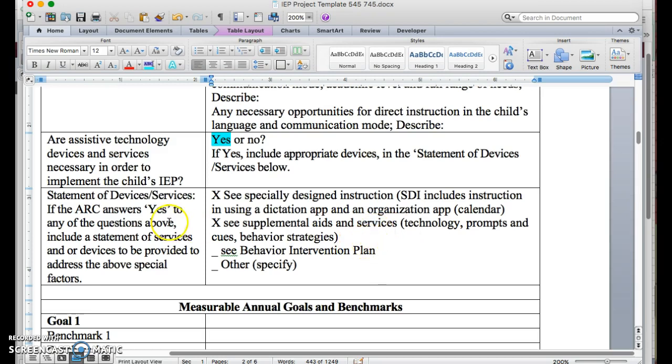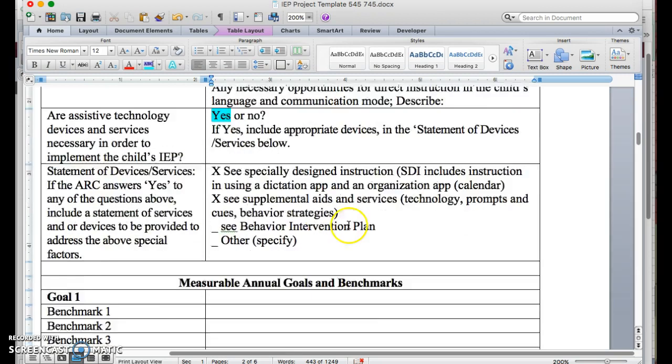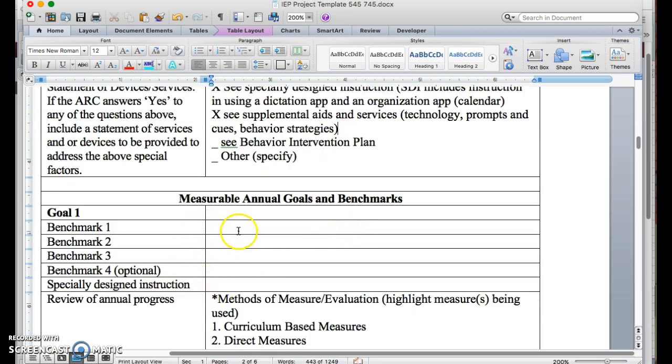All right, so I hope that helped clear up where this statement of services and devices comes from. Keep in mind that wherever you said you're covering those areas, you need to do that. For example, because we said that there's going to be some SDI and some SAS, then if this goal is my writing goal, I've gone ahead and wrapped up that SDI right here where I said technology for dictation.